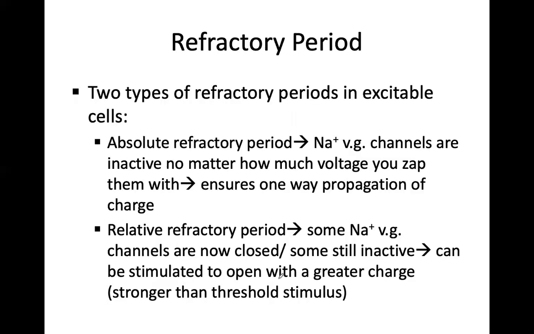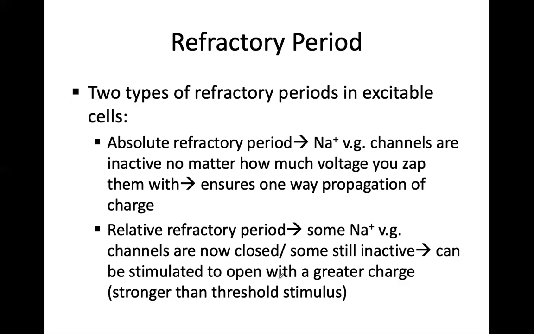So let's quickly talk about the refractory period. There is something called the refractory period, where basically you either have no capacity to create a new action potential, or you can create an action potential, but you need a lot of stimulation.